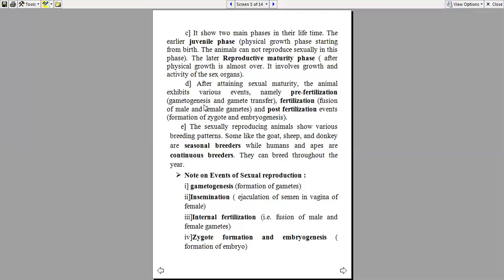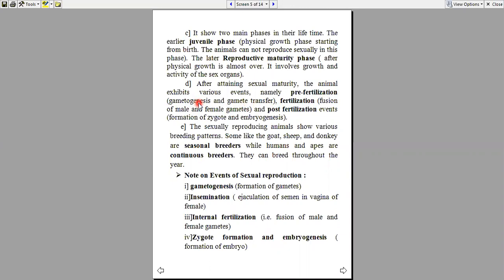Now, the pre-fertilization phase means gametogenesis and gamete transfer.